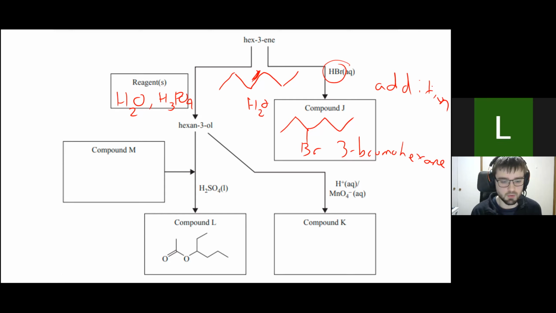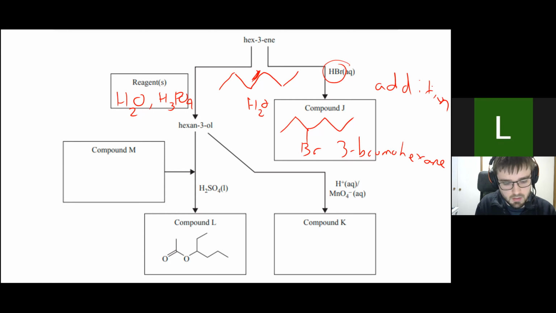And we know that if we've got an alcohol and we oxidize it, it's either going to become an aldehyde if it's primary, a carboxylic acid if it's primary via an aldehyde, or it's going to become a ketone. So for the sake of this one here, it's going to go from an alcohol to a ketone.